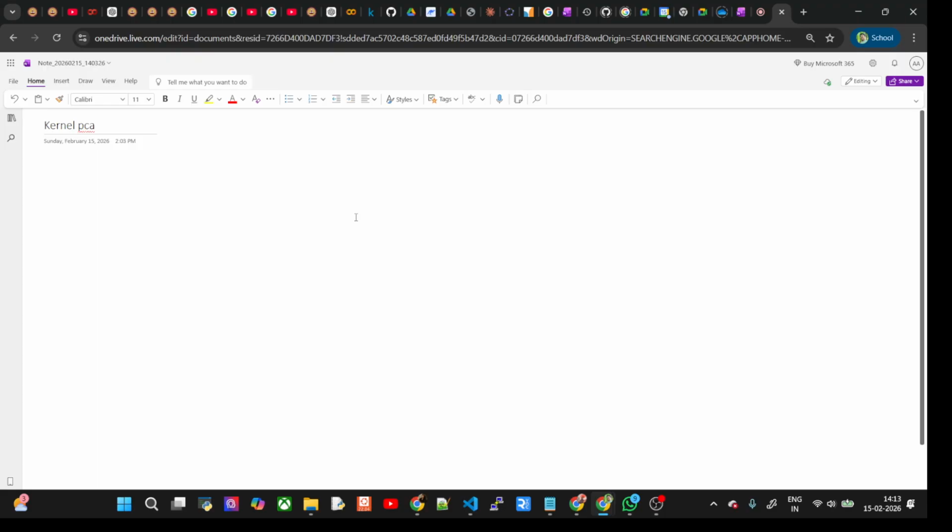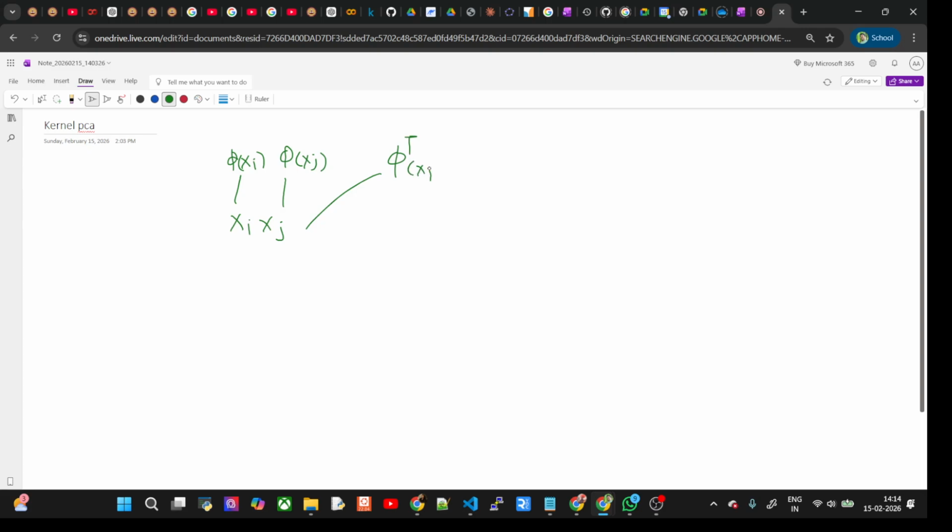That's a good thing. Okay. So now our aim is what we have seen: whatever points you are having, xi and xj, instead of calculating phi of xi and phi of xj, you are directly jumping to calculating phi transpose of xi into phi of xj.